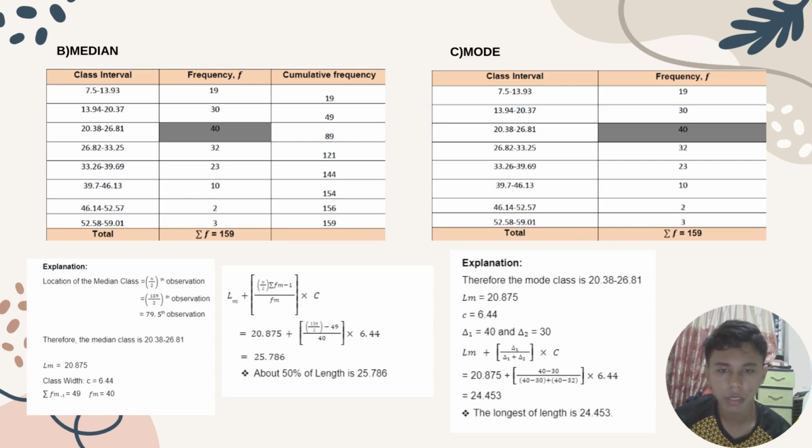With the formula, 20.875 plus, in the bracket, 1 by 9 divided by 2 minus 49 divided by 40, multiplied by 6.44, and we get 25.786.